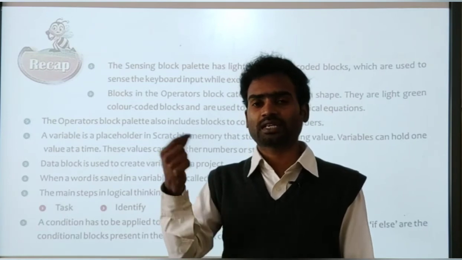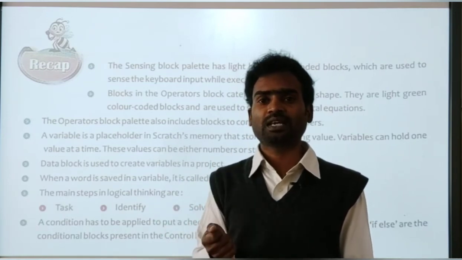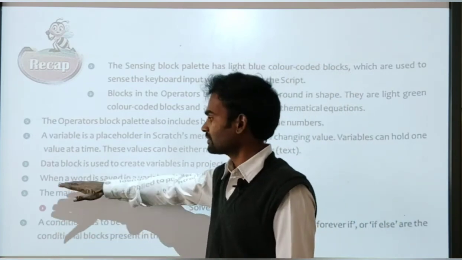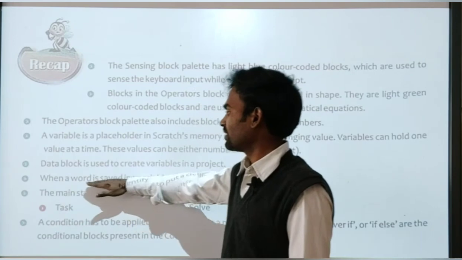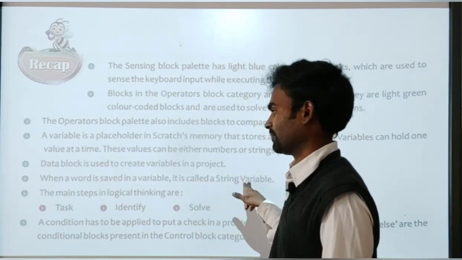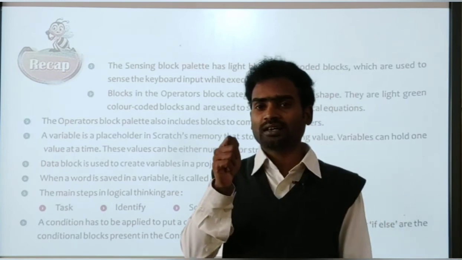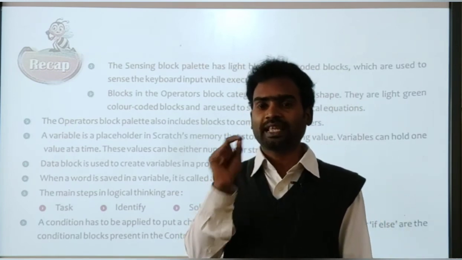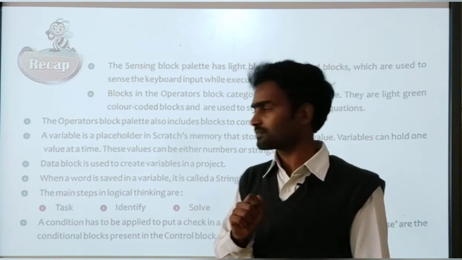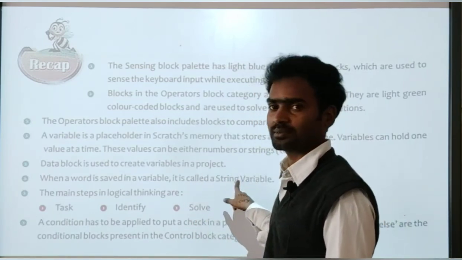Whatever name we need, we ourselves can create a variable by using the data block. And the next one: when a word is saved in a variable, it is called a string variable. String means text, as it is given here, text variable.